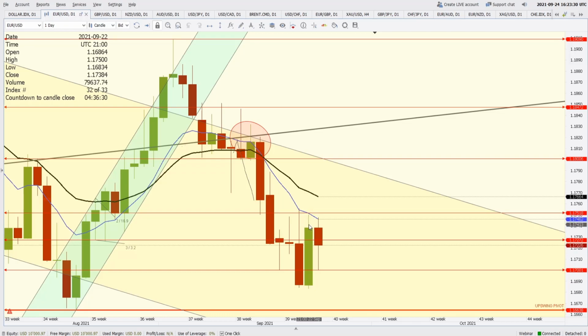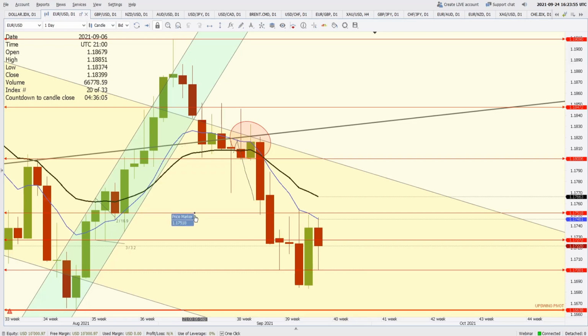And see, today the price has made a high of around 1.17476, and yesterday it made a high of around 1.1750. So you can clearly make out that today price failed to make a higher high than yesterday, and now it is trying to make a close below 1.1727, which is the level of resistance for us, but 1.1700 is acting as a good support.